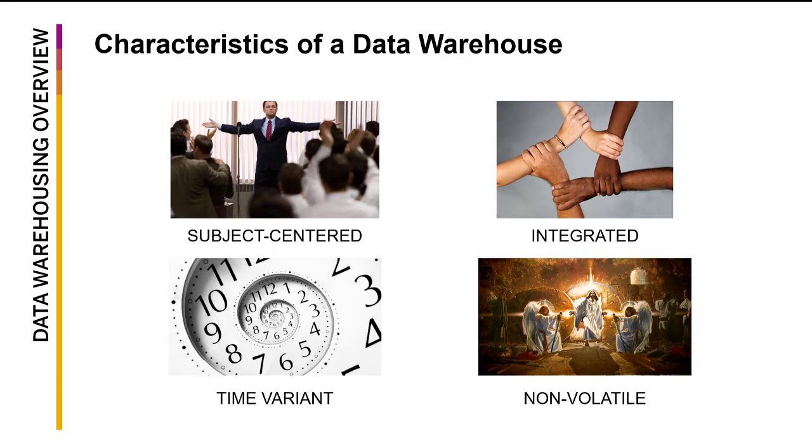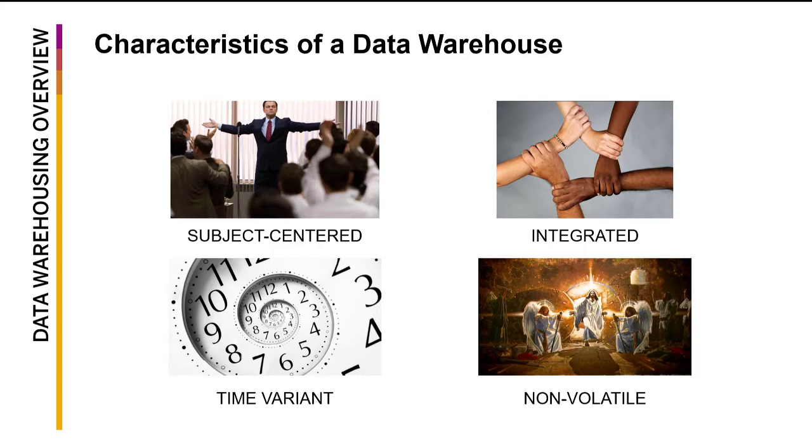Time variant. The time horizon for a data warehouse is quite extensive compared with operational systems. The data collected in a data warehouse is recognized with a particular period and offers information from the historical point of view. It contains an element of time explicitly or implicitly. One such place where data warehouse data display time variance is in the structure of the record key.